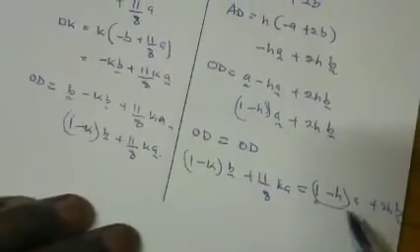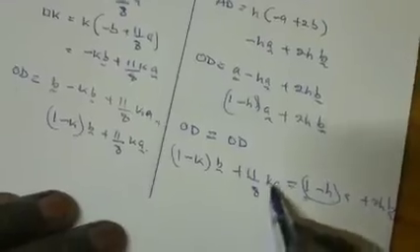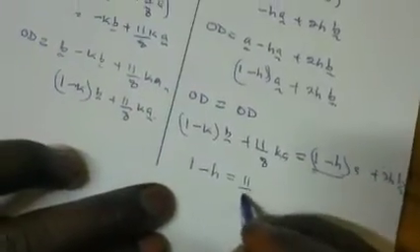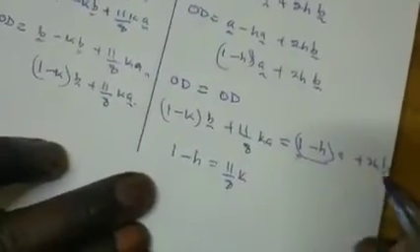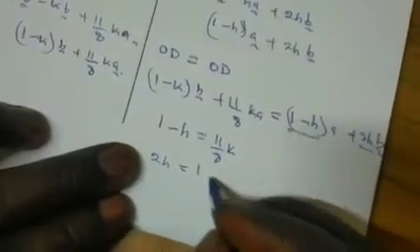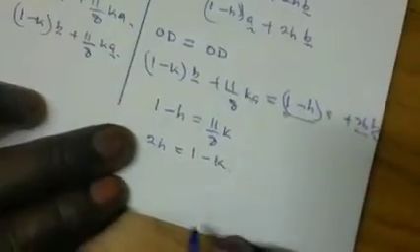Now comparing the coefficients, the coefficient of a should be equal, therefore 1 minus h is equal to 11 over 8 k, and comparing the coefficients of b, 2h is equal to 1 minus k.